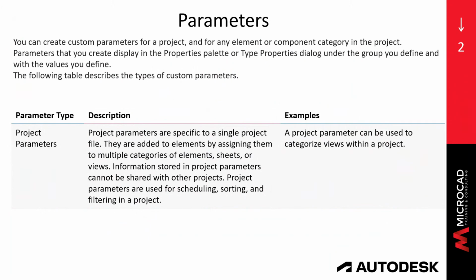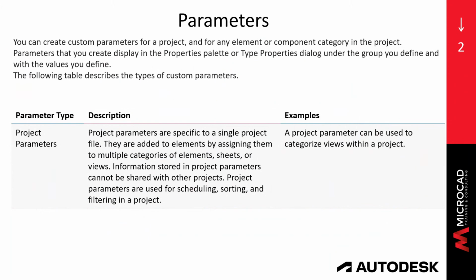Parameters that you create display in the properties palette or in the type properties palette, depending on how you create the parameter or what you want to show with that parameter. You can group that parameter in those dialog boxes in a specific location.